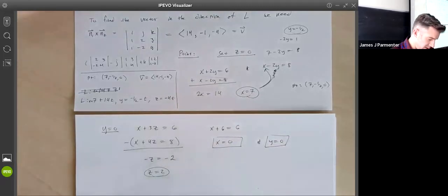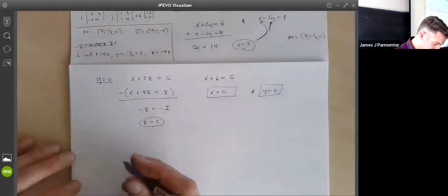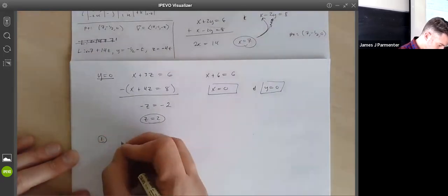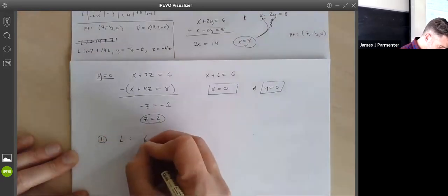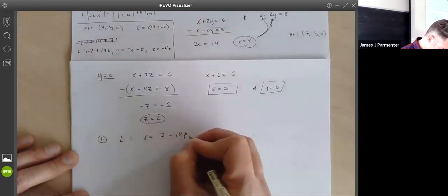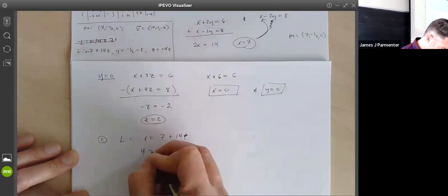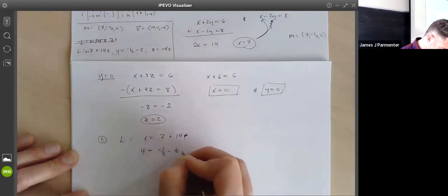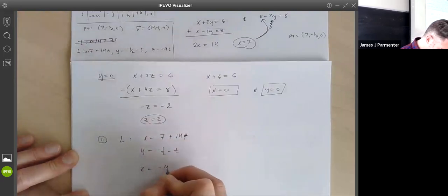So I also could have written this equation differently. One way was writing the line as x equal to 7 plus 14t, y equal to -1/2 minus t, and z equal to -4t.